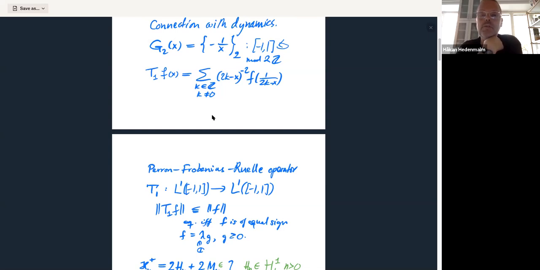So if you take a Dirac mass at a point, a Dirac delta at a point, and you apply T1, you can think of it as sending it to another Dirac mass at the point which the mapping sends it to. So it's juggling around these point masses, and when you know what's happening with point masses, then you know what's happening with L1 functions by integration.